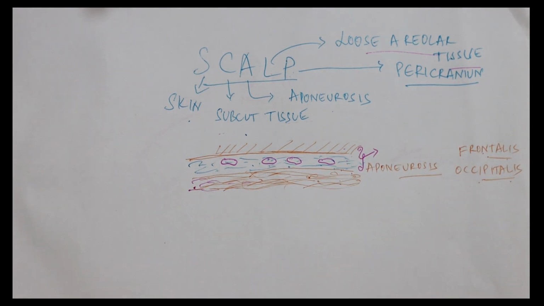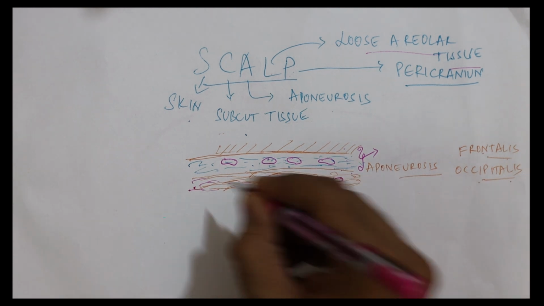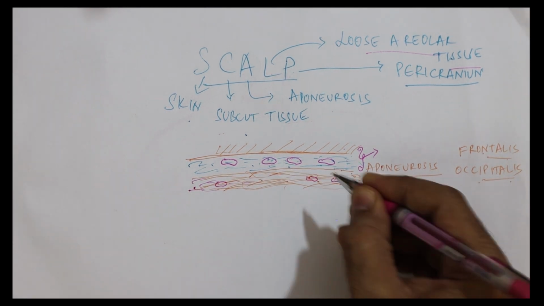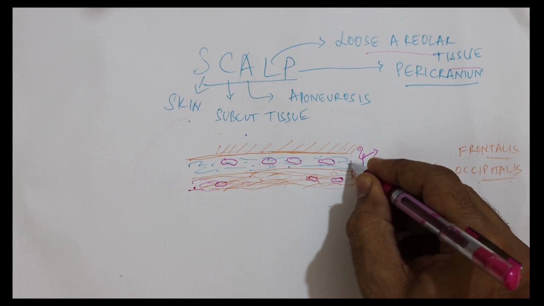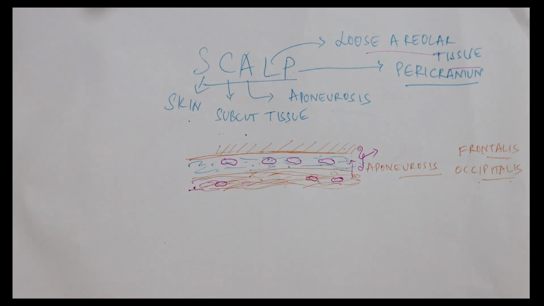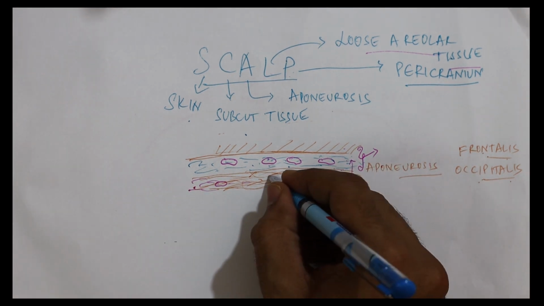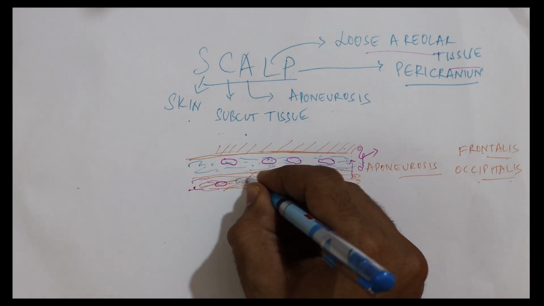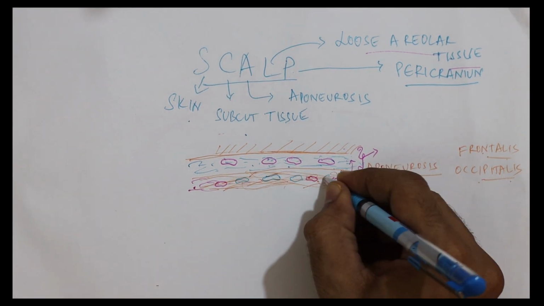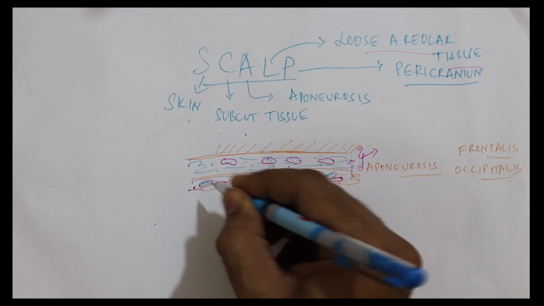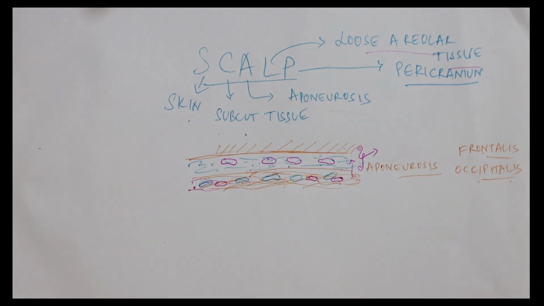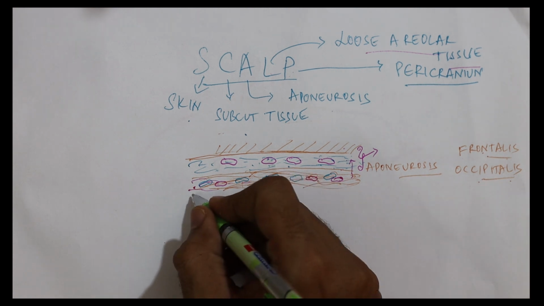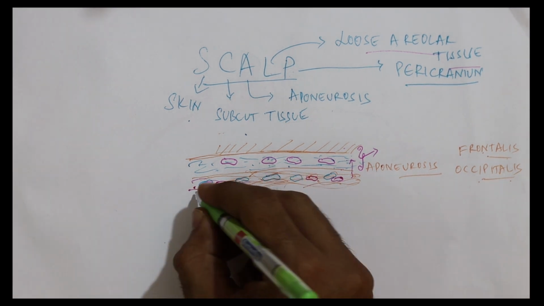Even this loose connective tissue contains some blood vessels which traverse through the loose areolar tissue and reach the remaining layers. Apart from this, it also contains some veins, and even nerves will traverse through the loose areolar tissue.